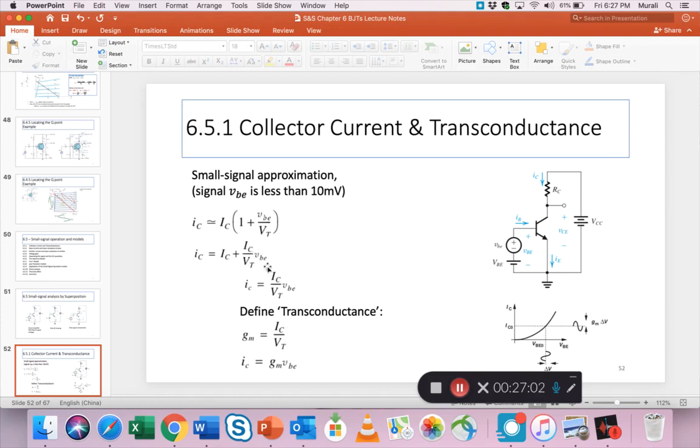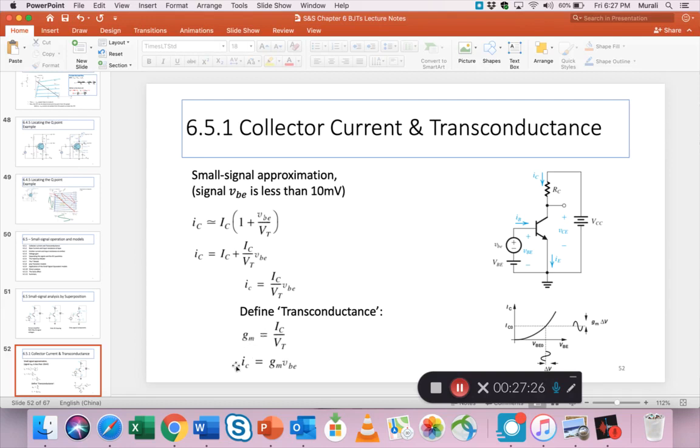This whole thing, if it is equated to small ic, then within this there is another factor called transconductance. This capital IC, which is the biasing current divided by the V thermal, is defined as transconductance, and it has this value Gm.